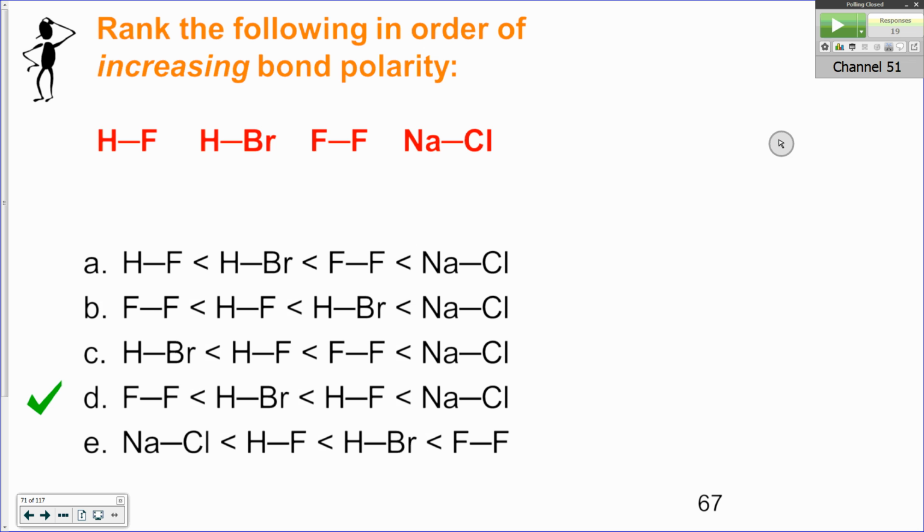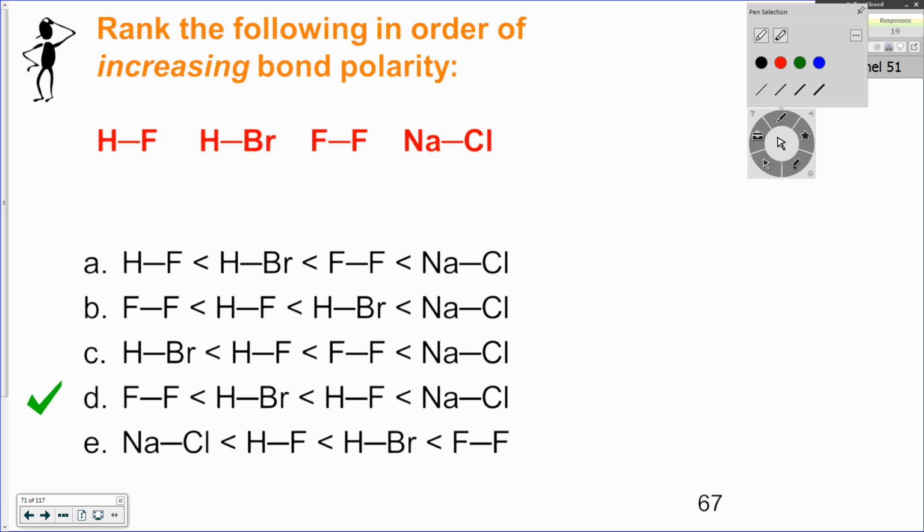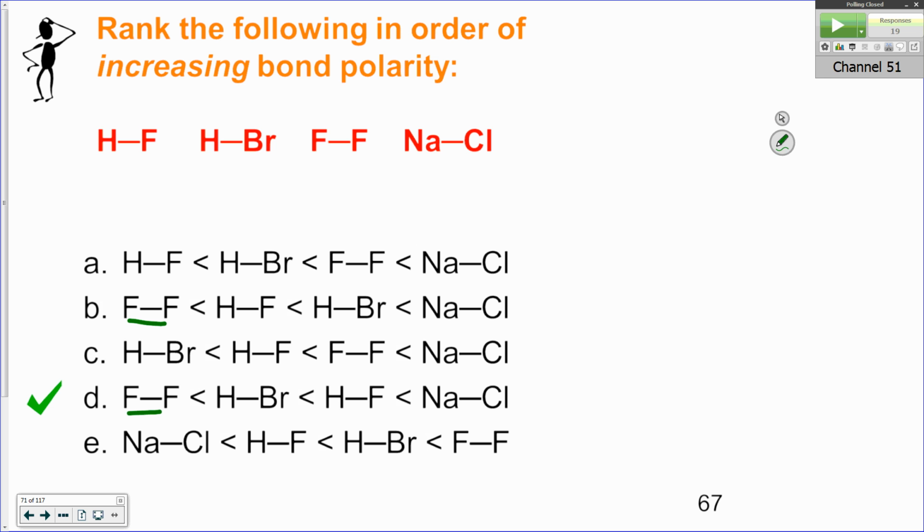it's D. If we look at this in increasing bond polarity, anything binding to itself is going to be pure covalent. So that makes sense that choosing the ones that have this one being the least. And then you need to start looking at going in the order of the biggest separation. Fluorine is lower down, or it has the greatest electronegativity of anything.